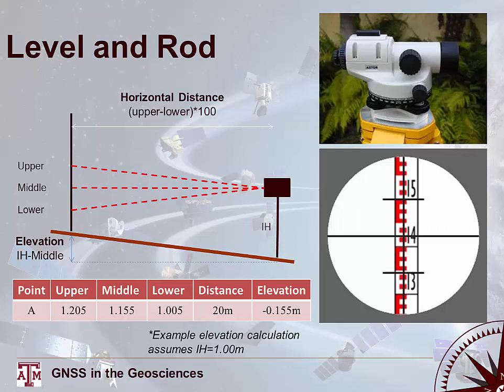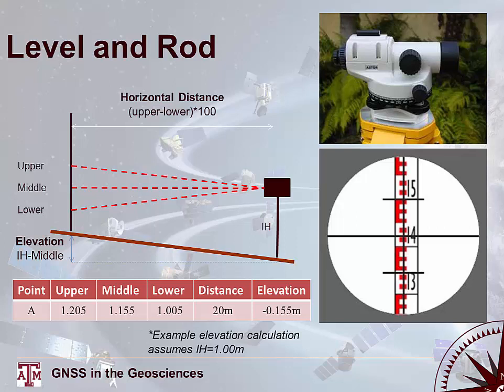Now to get the elevation difference between the level site and the point being surveyed, simply subtract the middle crosshatch measurement from the instrument height, or the height from the ground to the line on the sighting level. It has a line located on the actual level. In this case, we assume that the sighting level is located approximately 1 meter off the ground.